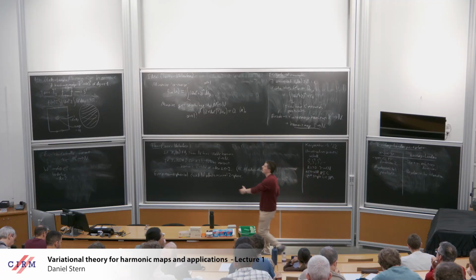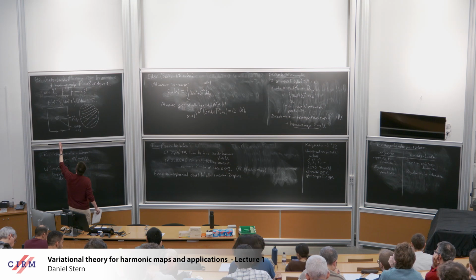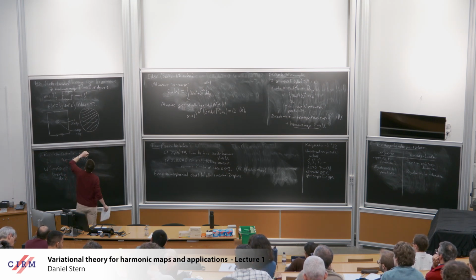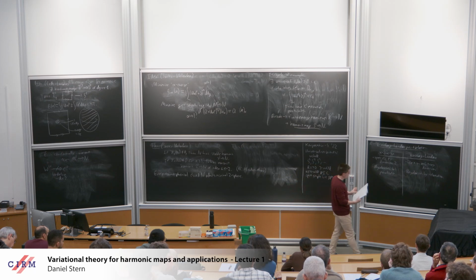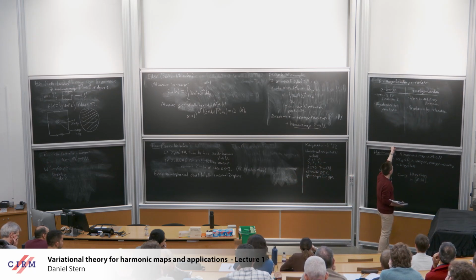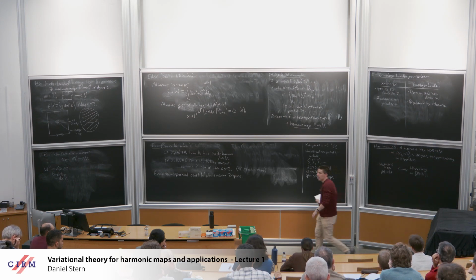So what it's going to do when it sees you engaging in this bubbling behavior is it says, well, that's okay, but I'm going to mollify you and just make you a map into the ball instead, so you'll be a smooth map into the ball instead of a singular map to the sphere at the end. Okay? And this is in particular where our embedding into Euclidean space for our target starts to really come in handy.